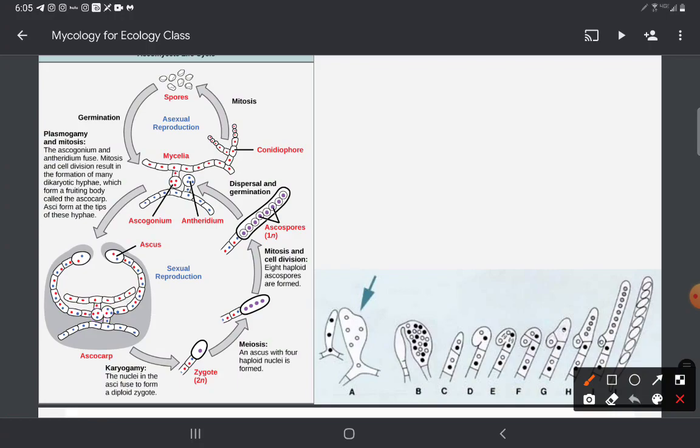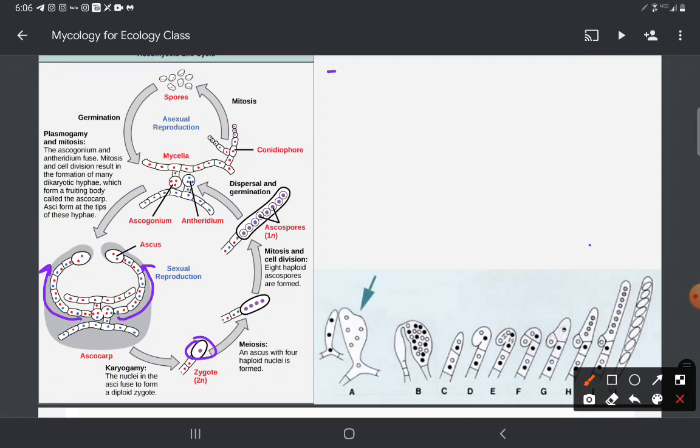Here, there is no fusion, and so we're just going to go through mitosis and create two branching hyphae. This creates this cup shape known as an ascus, and it's why the fungus has a cup. These are dikaryotic because they have two nuclei, and both of those nuclei are haploid, right? And so the nuclei in the ascus fuse afterwards. After this whole ascus has formed, then we go through karyogamy.